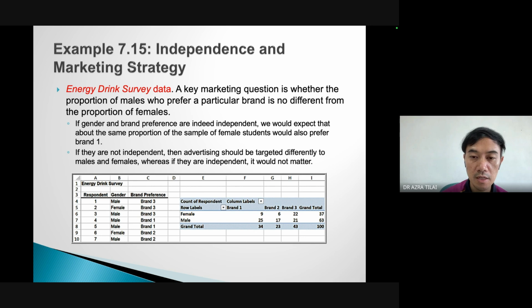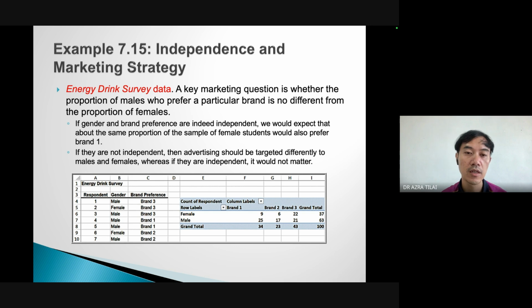If they are not independent, then advertising should be targeted differently. That means when you want to do advertising, you should specifically do a separate type of advertisement for males and another separate advertisement for female, not actually doing the same advertisement and trying to use the same advertisement for the two genders.